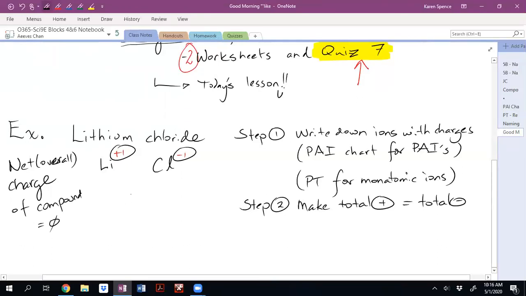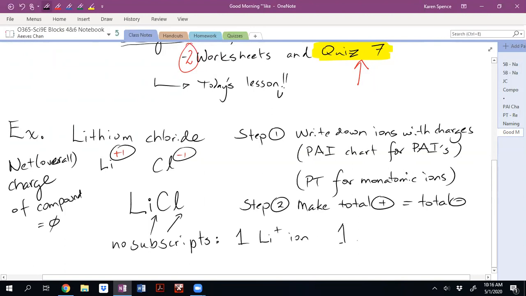So I can write the formula of my compound as LiCl. And because there are no subscripts, that means that there is one Li plus ion and one Cl minus ion. Okay?